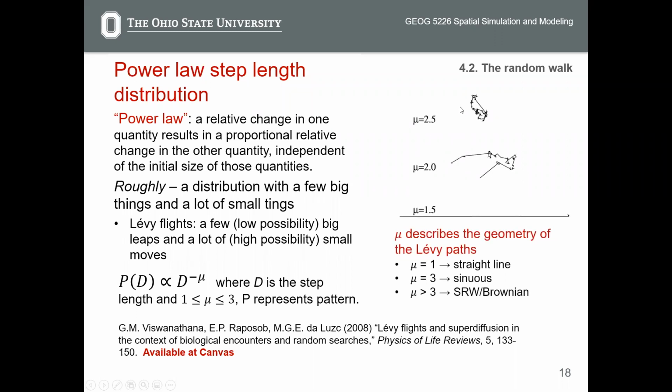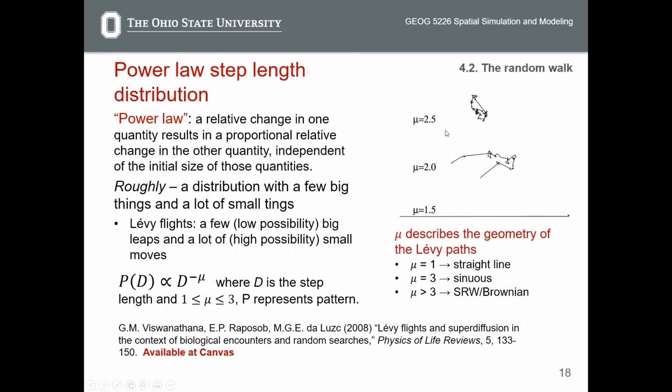Here is the difference of the spatial pattern in terms of mu. When mu is equal to 1.5, it's still possible to have a very long step, right?